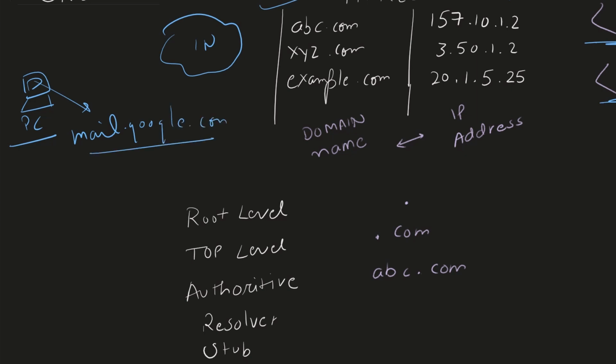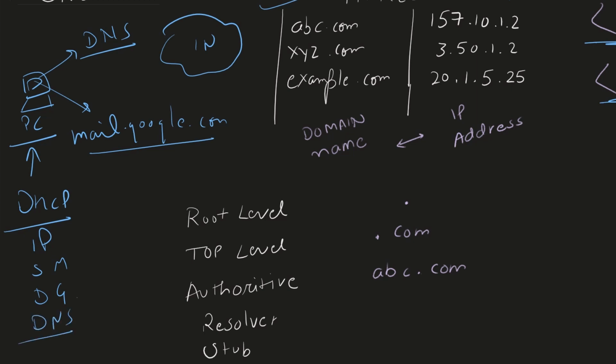First, the PC will go to its DNS server address. In the last video we talked about DHCP. DHCP gives your PC an IP address, a subnet mask, a default gateway and a DNS server IP address. So DHCP gives all this information to your PC.